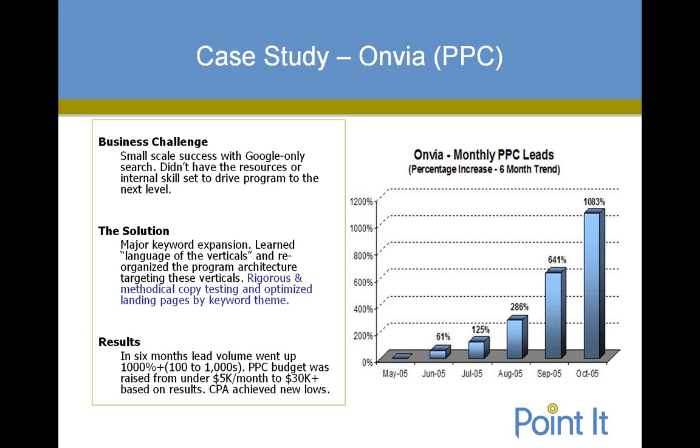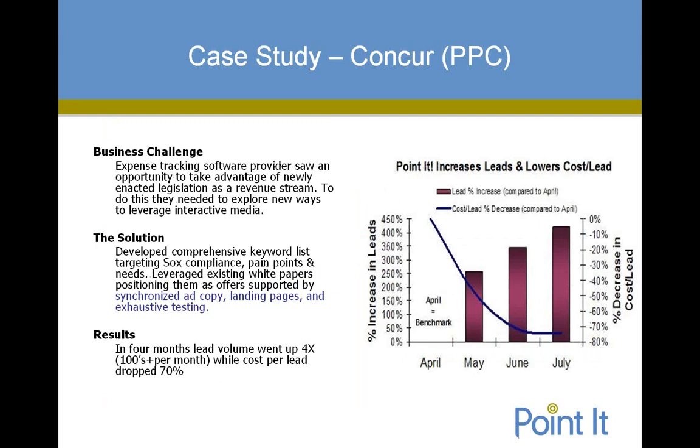It's not only about having relevant keywords and relevant ad copy, but also having a relevant landing page. And once you get those all in sync, you can see dramatic improvements, and there's a case study to prove that out. Similarly with Concur, another one of our clients, with synchronized ad copy, landing pages, and exhaustive testing, we were able to decrease the cost per lead during this time period significantly.